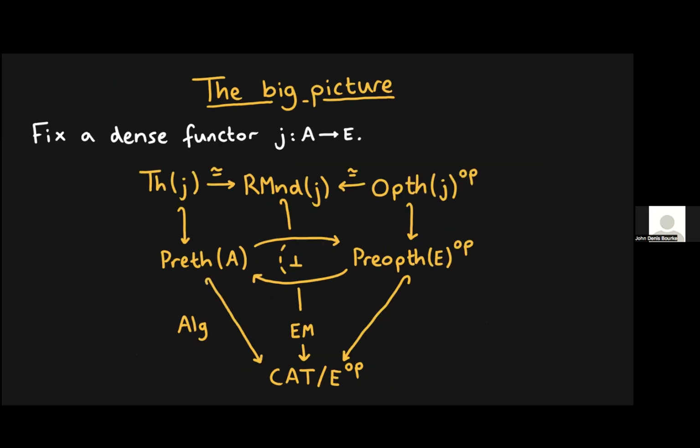So just to give a big picture of what we've shown, at the top we have the theory relative monad correspondence and the op theory relative monad correspondence. These embed into the pre-theory, pre-op theory structure-semantics adjunction, and these all commute with taking categories of algebras.